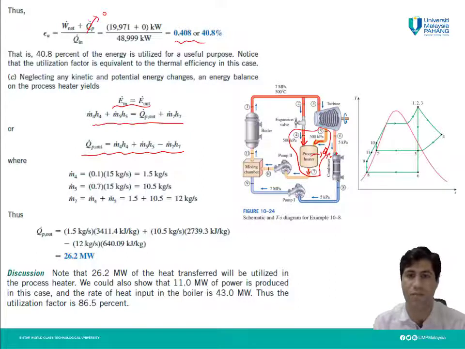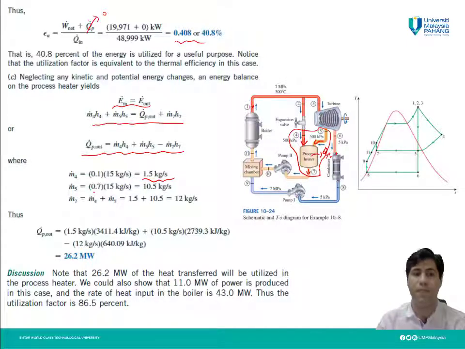So the mass flow rate of the steam here is 0.1 times the whole mass flow rate of the working fluid, which is 15 kilogram per second. 10% of that means 0.1 times 15, which is 1.5 kilogram per second. So m dot 4 is 1.5 kilogram per second.